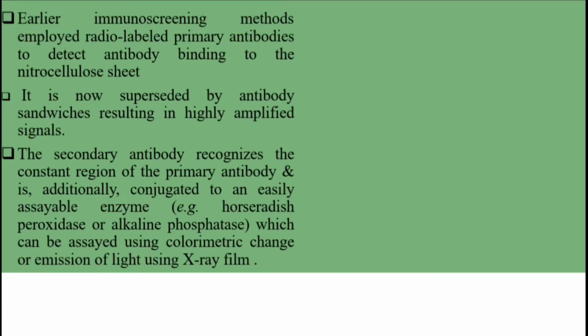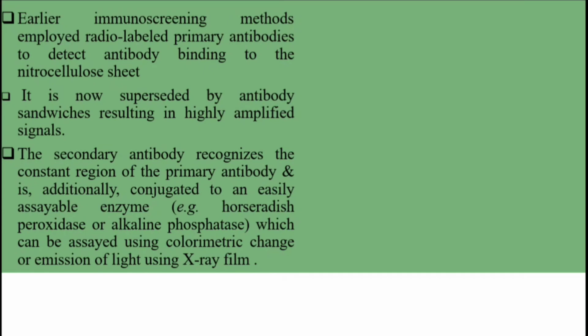Earlier, immunoscreening methods were employed using radio-labeled primary antibodies to detect antibody binding to the nitrocellulose sheet. It is now superseded by antibody sandwiches, resulting in highly amplified signals.